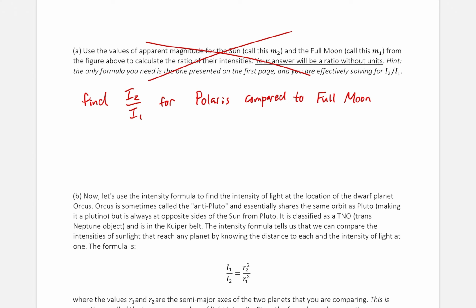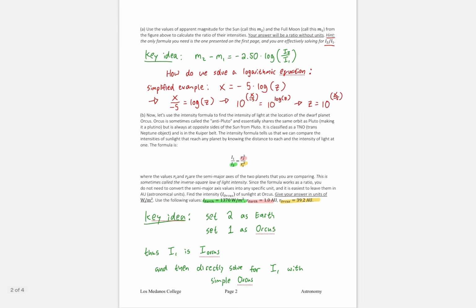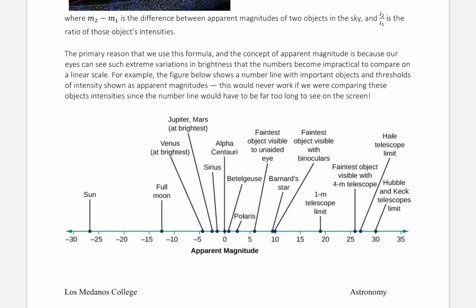All right. So then we would go ahead and think about what are our knowns and unknowns. Well, we just have a single unknown, which is this one right here. So the ratio itself is acting like a variable, and we have 2 known values, and those would be found on the number line on the figure, which would be the apparent magnitudes of Polaris and the full moon, both seen in Earth sky, of course, because this entire figure just refers to objects as seen in Earth sky.